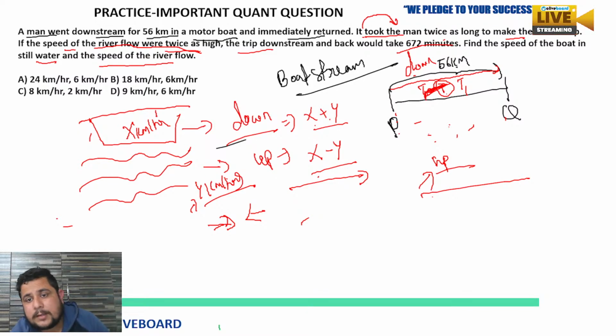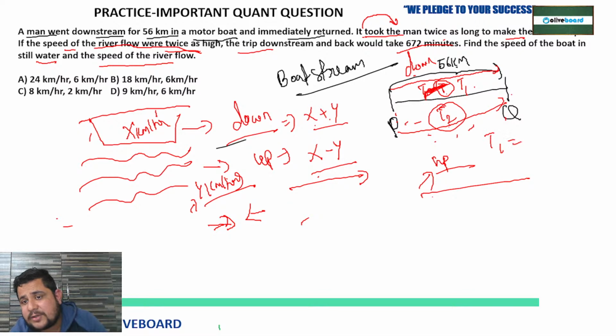See, if P to Q downstream takes T1 time, then Q to P, how much time are they taking? T2 time. When we compare, T2 is equal to 2T1.